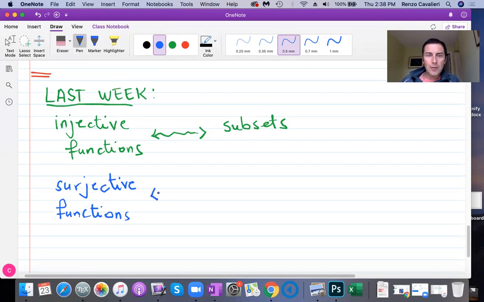And now we can really fill this in more appropriately. The object that is associated to a surjective function is an equivalence relation.